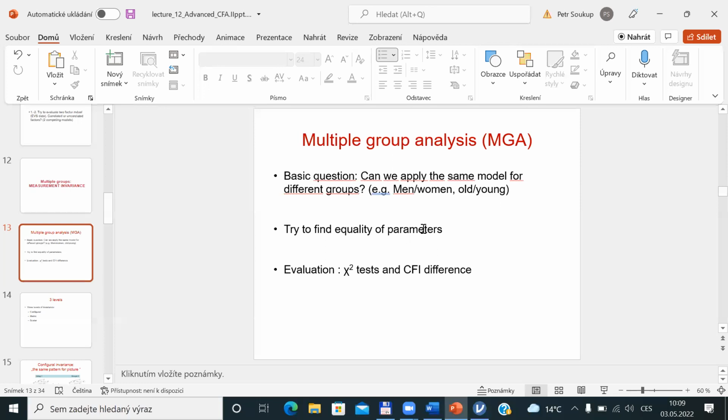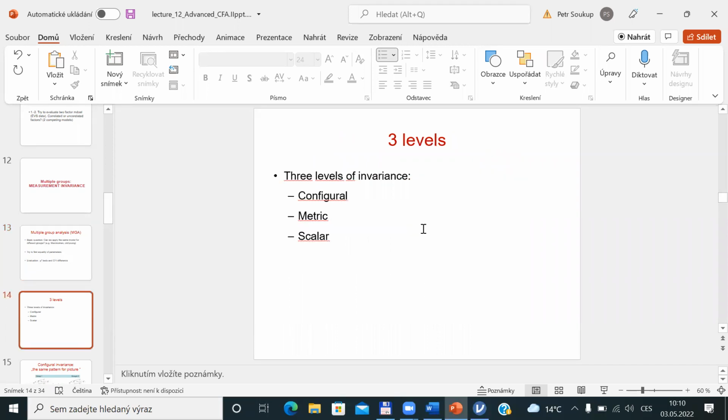And now let's go briefly into the theory. I decided to use pictures for this description, so I hope it will help you understand what is behind the scenes. Then the implementation in lavaan or any other package is usually quite easy. First of all, if we try to compare whether a model is the same for different groups, we mostly apply three consecutive levels.